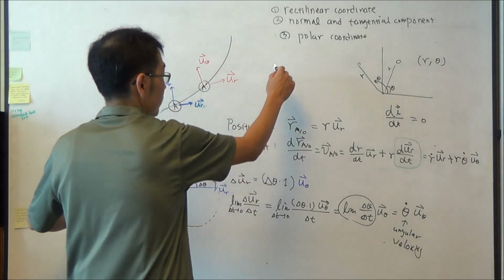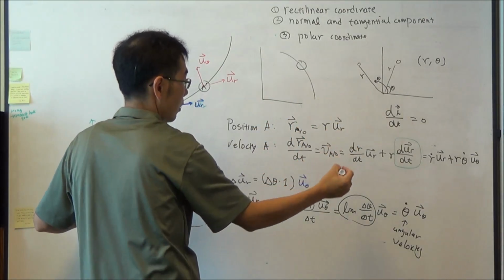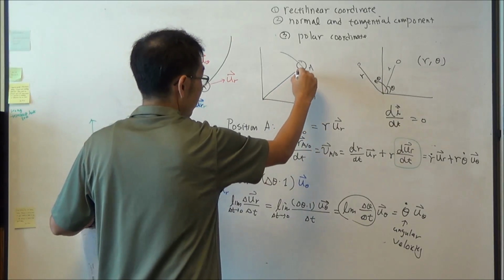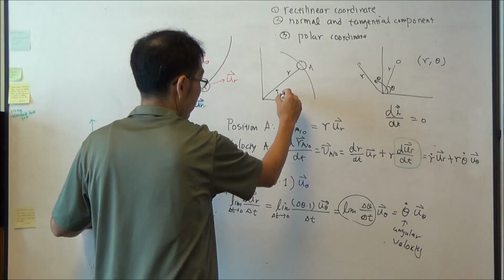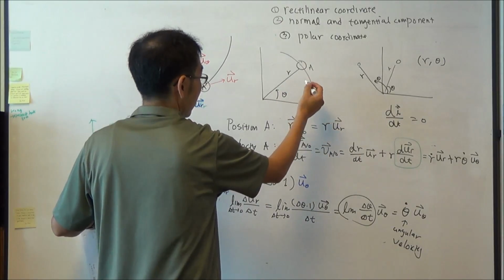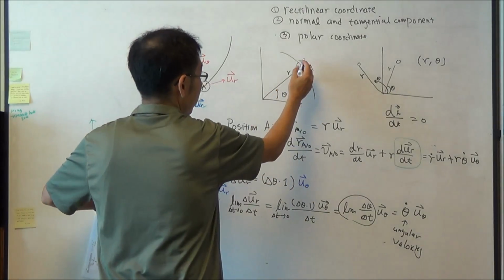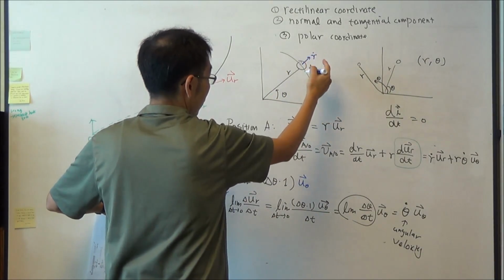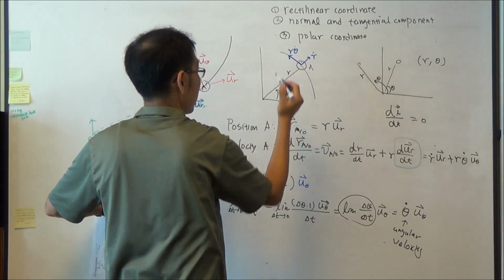So I can simply represent this as R dot, the velocity along the UR, and perpendicular, R theta dot.